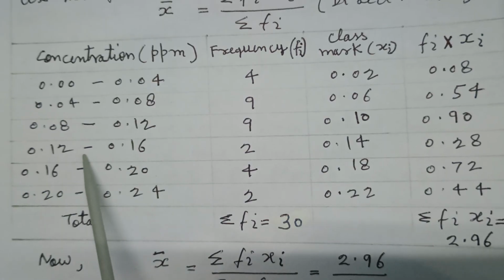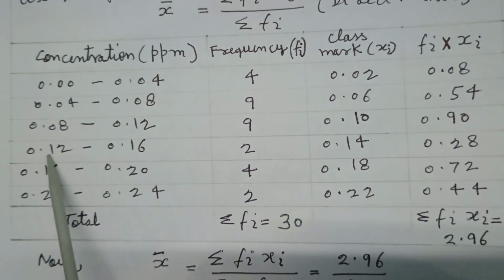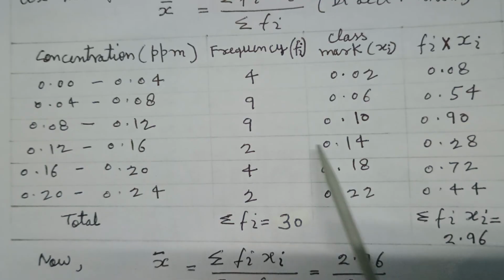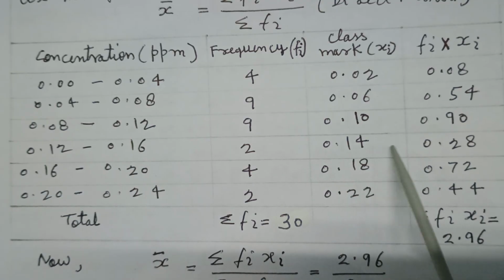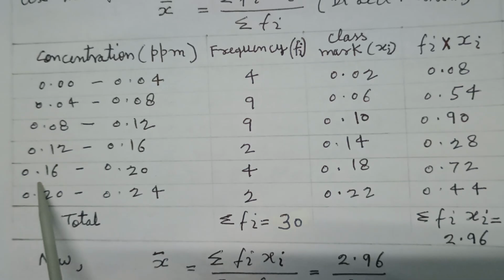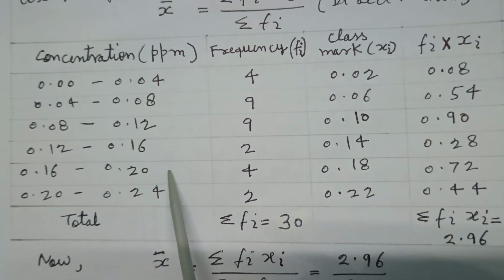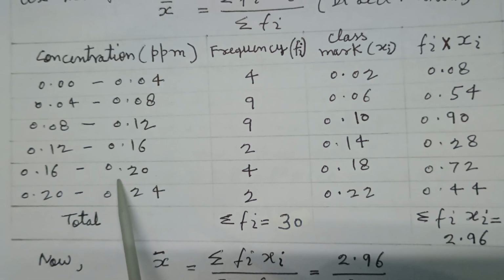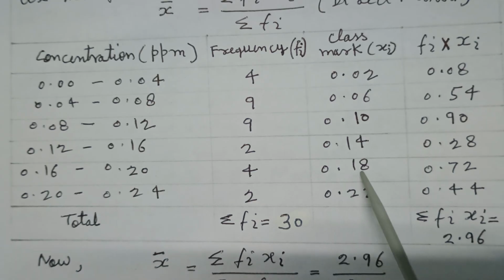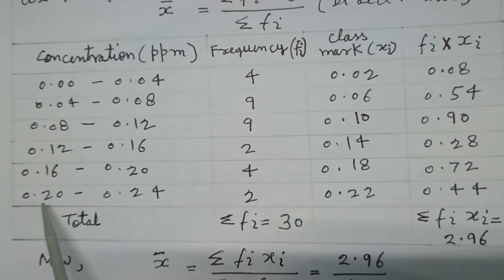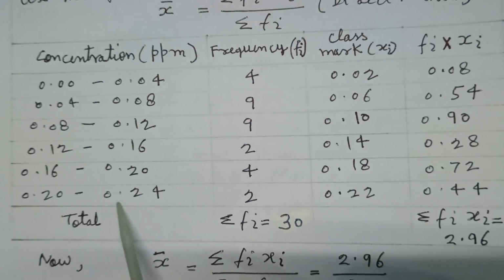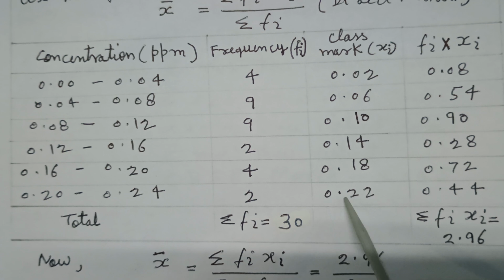And 0.12 plus 0.16 divided by 2, the class mark is 0.14. And 0.16 plus 0.20 divided by 2, the class mark is 0.18. And 0.20 plus 0.24 divided by 2, the class mark is 0.22.